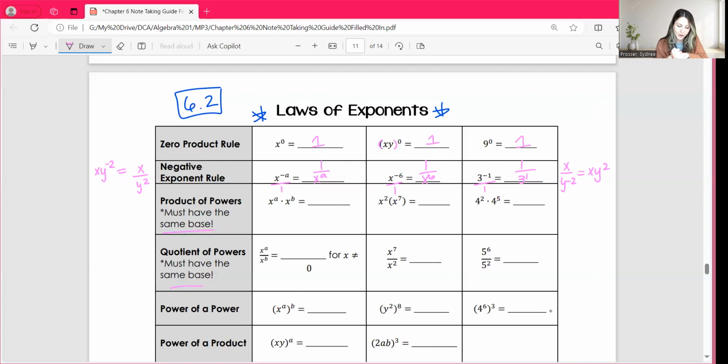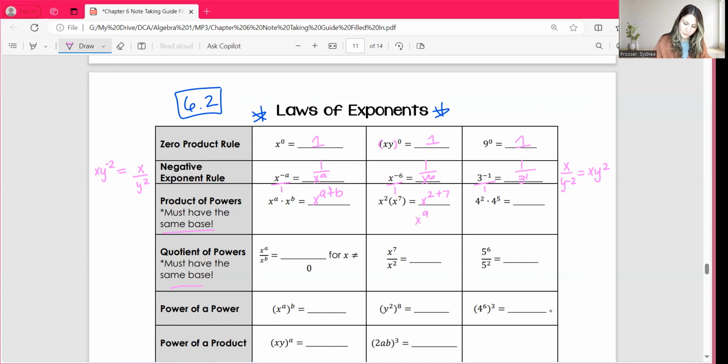When we have product of powers, our exponents add. So x to the a times x to the b equals x to the a plus b. For example, x squared times x to the 7th becomes x to the 2 plus 7, which is x to the 9th.